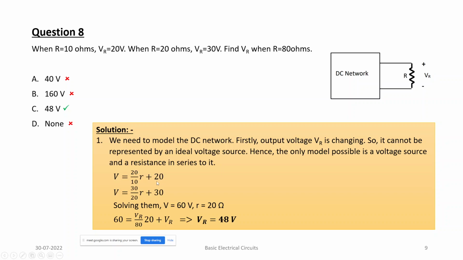This ratio into R plus 20 provides you the idea about the resistance value. How can an equation be equal to voltage is equal to resistance here? Where do you find 20 by 10? It's the current, right? VR by R. It's the current flowing through this resistance. Actually 20 is the voltage, sir. Is that correct? 20 is the voltage and 10 will be? Resistance.